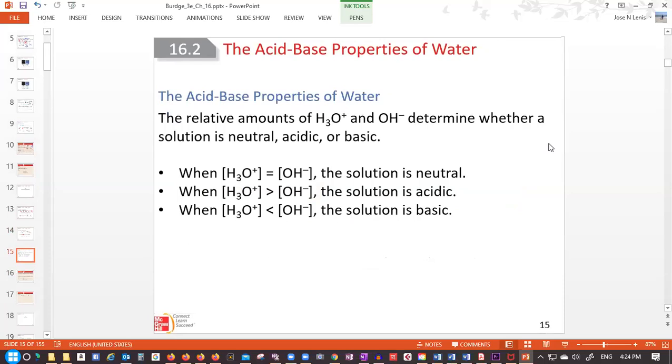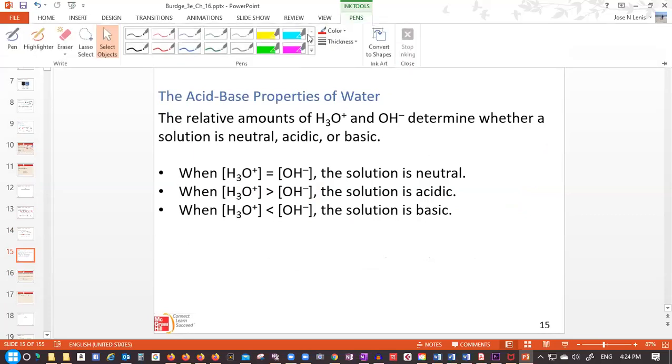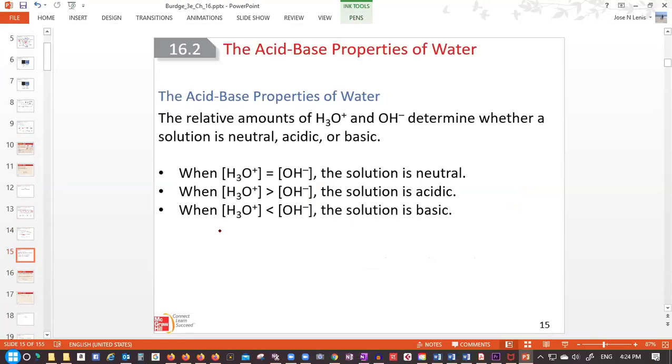So from there, for any acid-base process, what we have is a balance of ions.